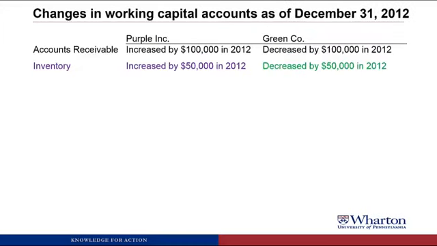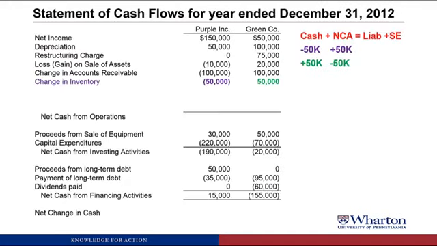Next, Purple had an increase in inventory of $50,000. Green had a decrease in inventory of $50,000. So starting with Purple, inventory goes up, non-cash asset goes up. We subtract that on the cash flow statement. What must have happened here is Purple bought more inventory than they sold, with the amount of inventory they sold represented in net income. For Green, their inventory went down, so that's a non-cash asset going down.